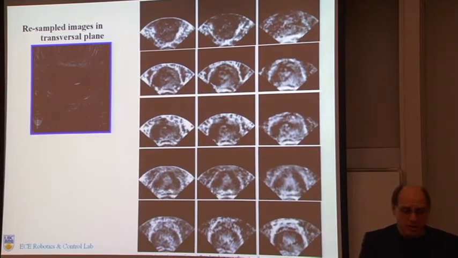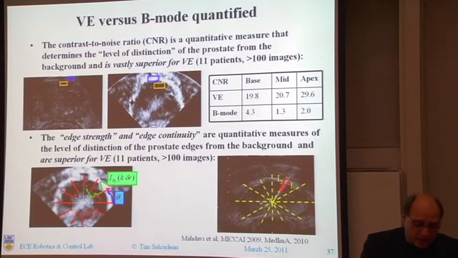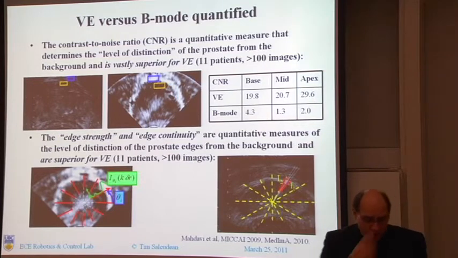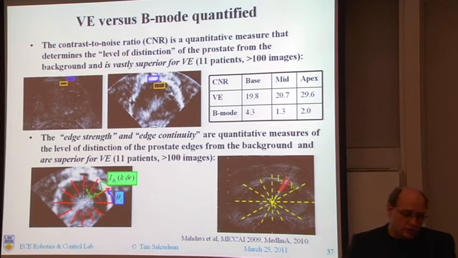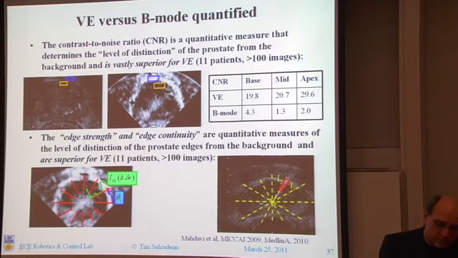You see usually a beautiful rim of the prostate, which you don't really see in the ultrasound image. And we have actually quantified these images by looking at the contrast to noise ratio from the interior of the prostate to the outside, in B mode images and elasticity images.